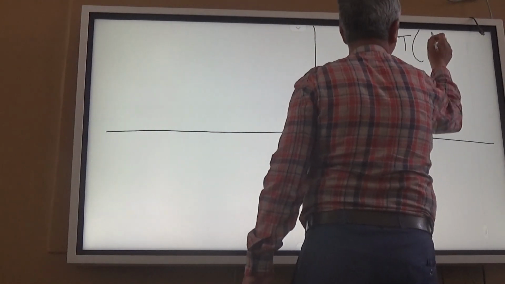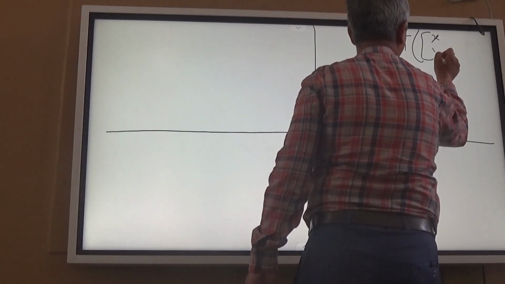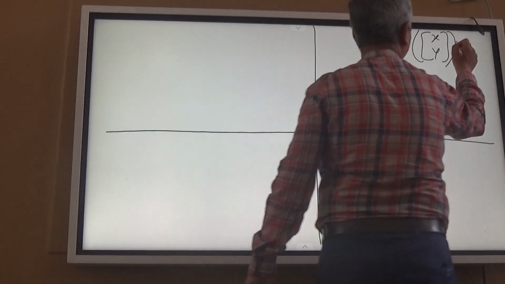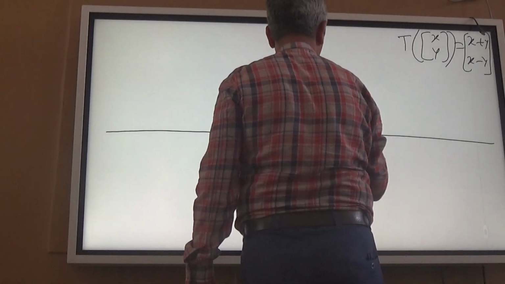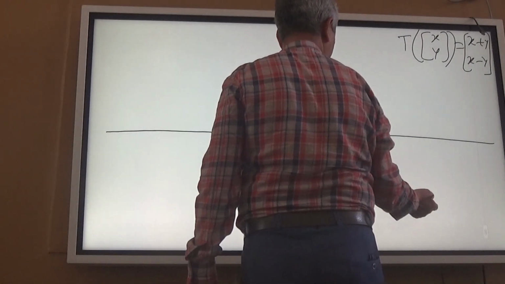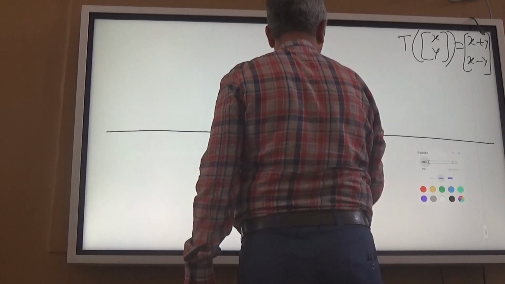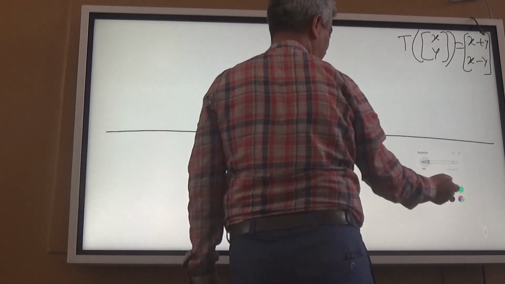P x y leads to x plus y, x minus y, right? So 0 0 gets mapped to 0 0.